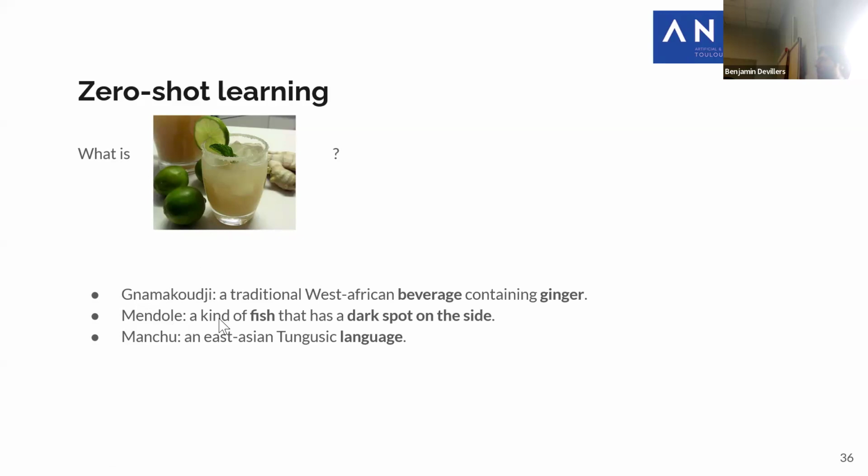But what if now I give additional information, like a description? Even though you've never seen these words before, you've seen words in the description and you know how to classify those words from an image. And then you can, I don't know how to say this word, say which one it is, right?